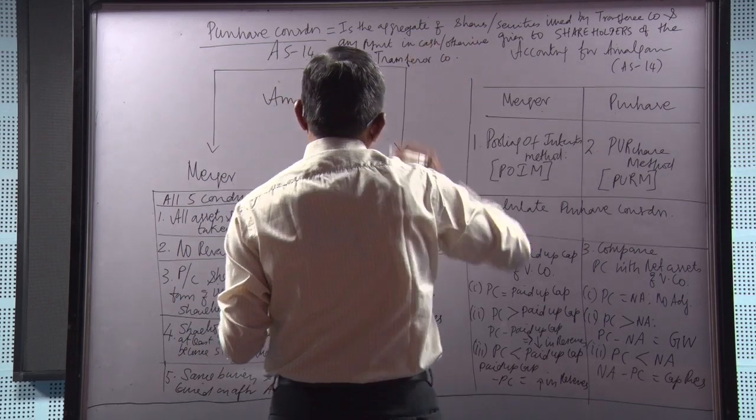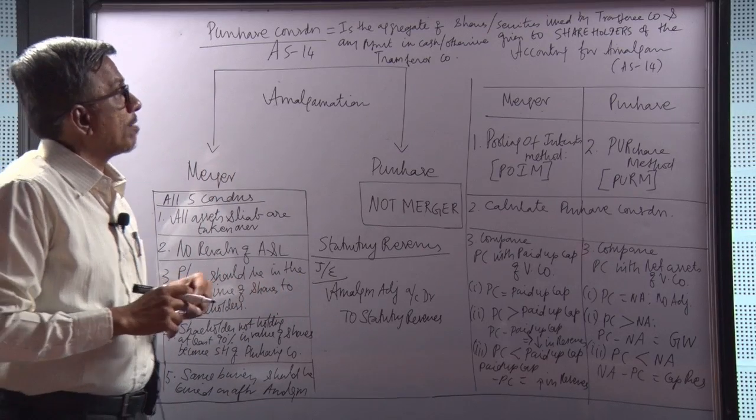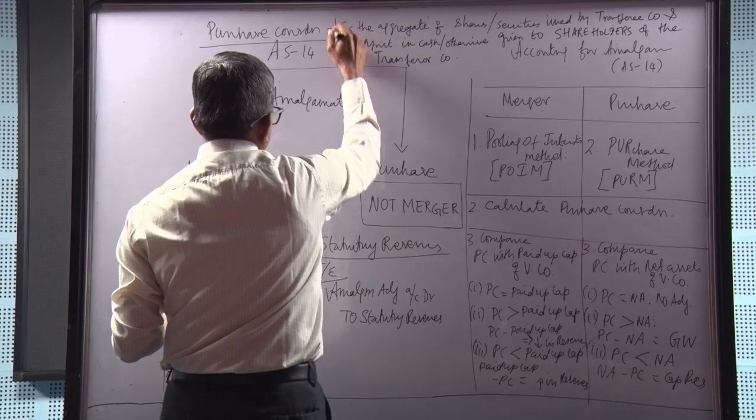I told you already, transferor company means vendor company, transferee company means purchasing company.